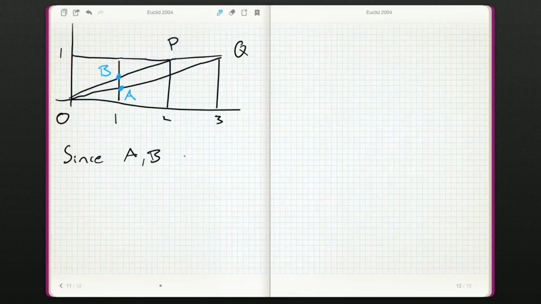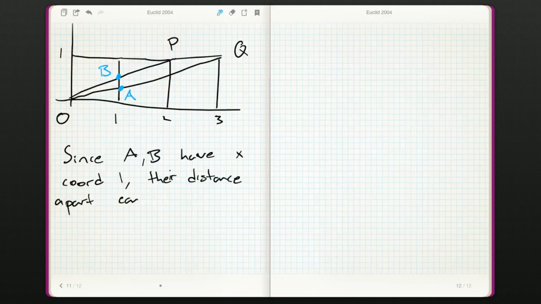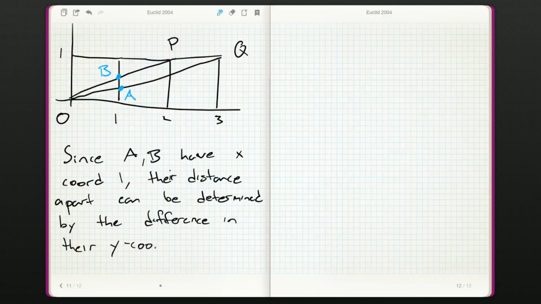Since A and B have x-coordinate 1, their distance apart can be determined by the difference in their y-coordinates.